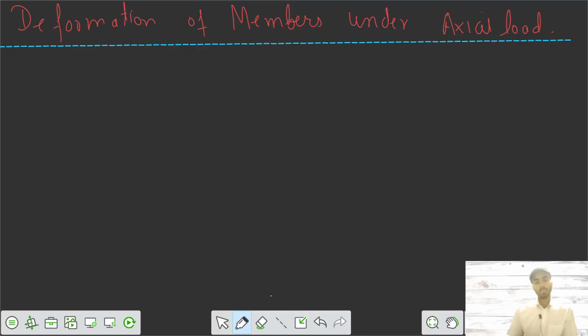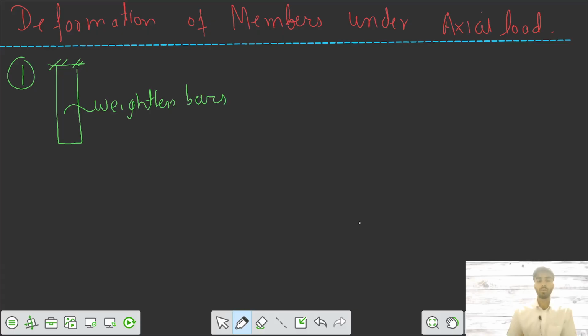Your first case: we have already calculated that for a weightless bar, assuming it has no weight, when you apply force P along the axis, delta equals PL by AE.